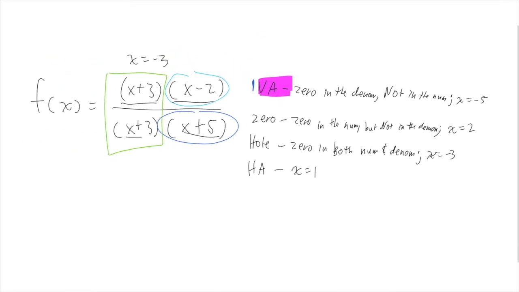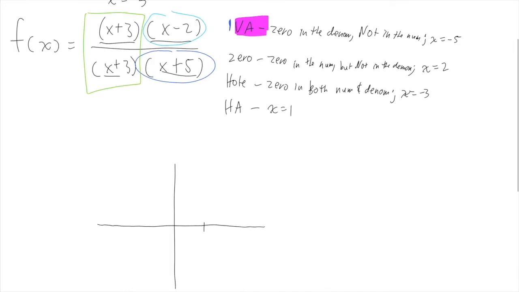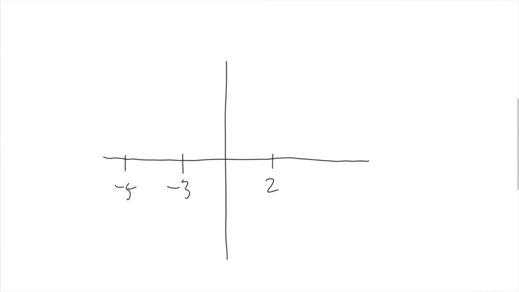So I have this equation graphed on the side. I'm going to put it right here. We're not really aiming to graph this, we're really looking for the vertical asymptote of this function. So let's go to x equals 2, negative 3, negative 5. This isn't the best drawing, but that's about right.